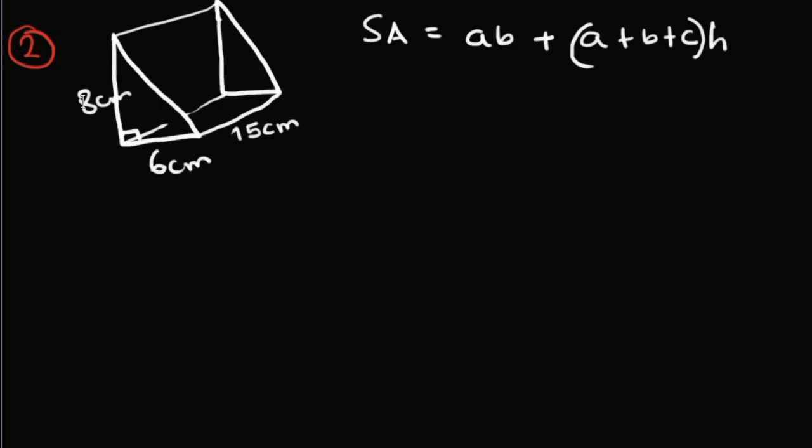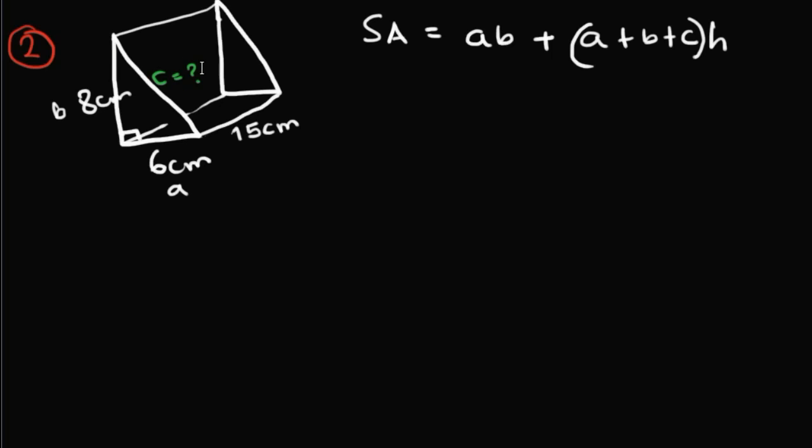Now we check that we have A, which is 6 centimeters. We have B, which is 8 centimeters. And now C, we do not have it.